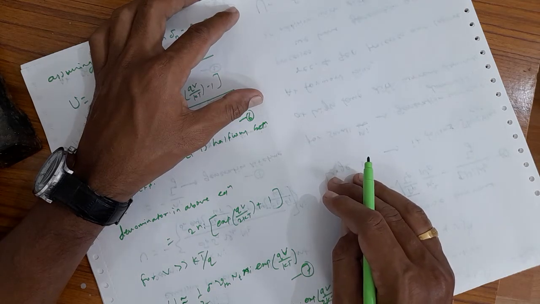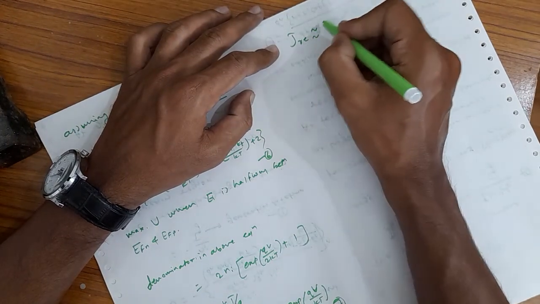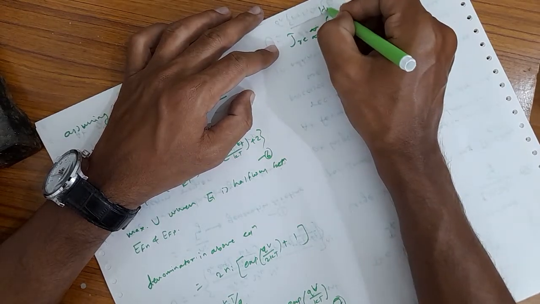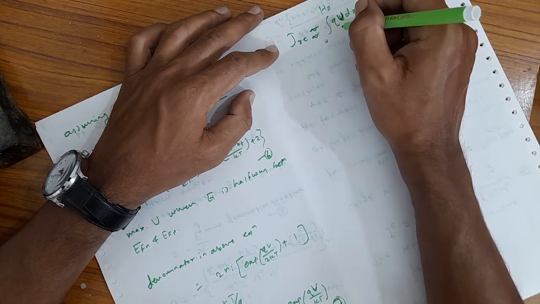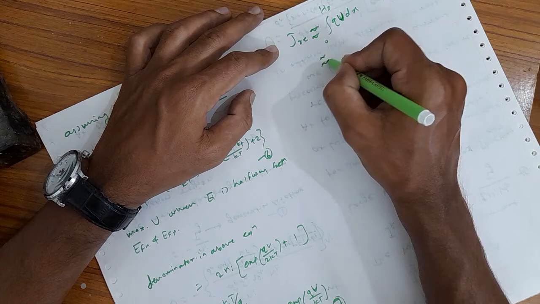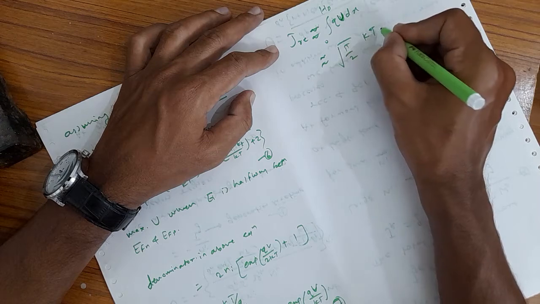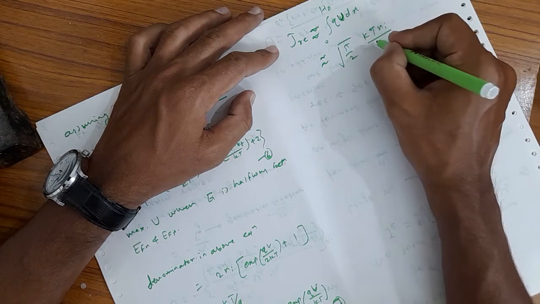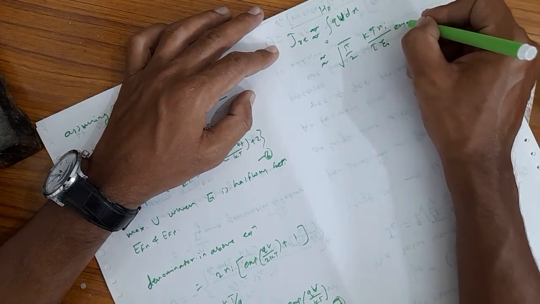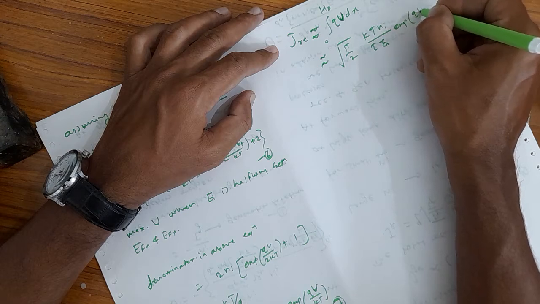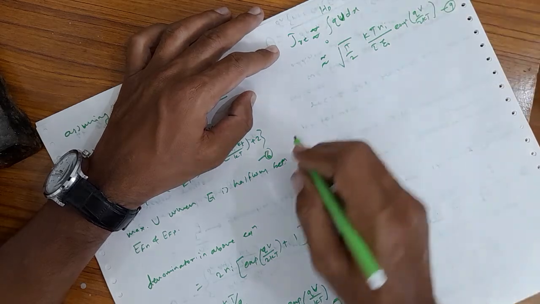So a more accurate derivation gives JRE equal to the integration from 0 to WD of qU dx, which is approximately equal to root pi by 2 kT ni upon 2 exponential of q phi by 2kT. This is equation number 9.